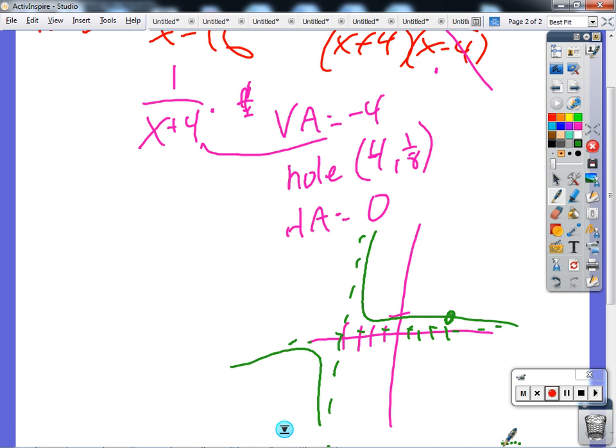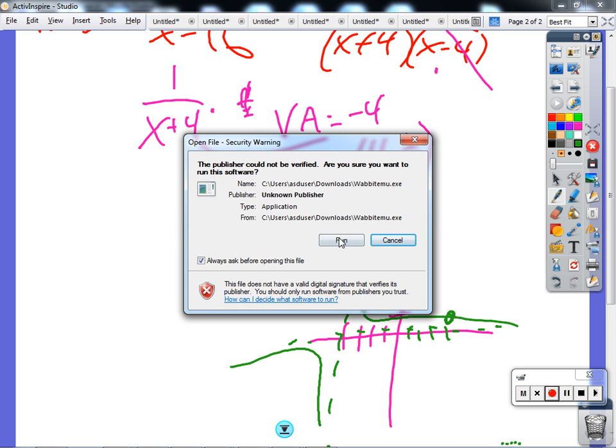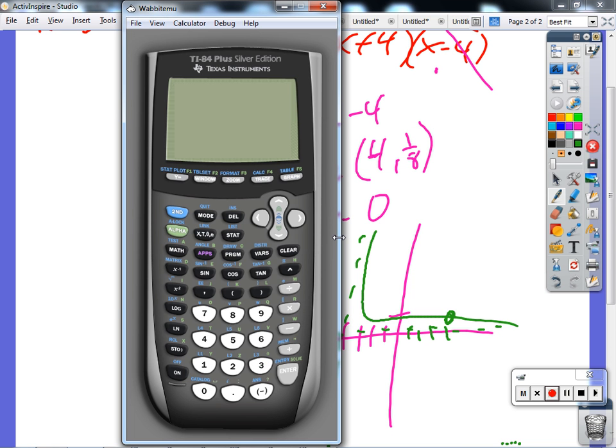Everybody go to the calculator! To the machine! Okay, let me show you. We're going to start with the original guy, okay? So we go on y equals, and the original guy was parentheses, x minus, what?